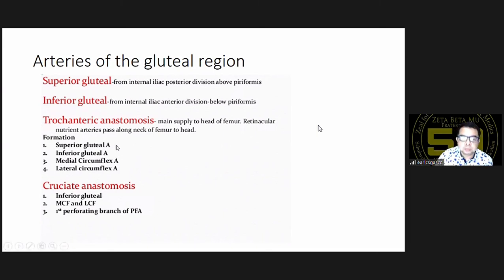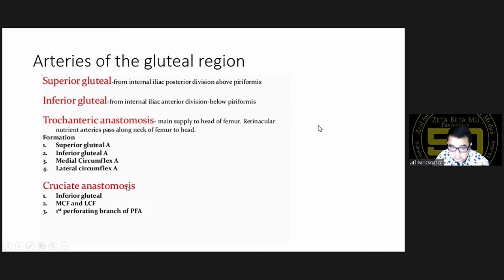So that is the trochanteric anastomosis. Next, we have your cruciate anastomosis. It is situated at the lesser trochanter of the femur, and together with the trochanteric anastomosis it provides a connection between the internal iliac arteries and the femoral arteries, from the branches of the medial circumflex and lateral circumflex artery.